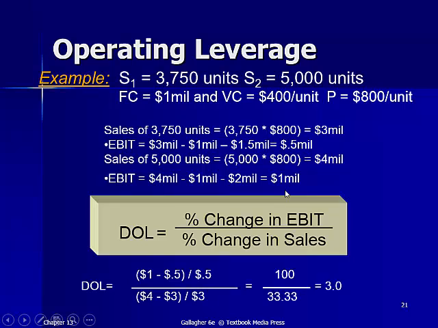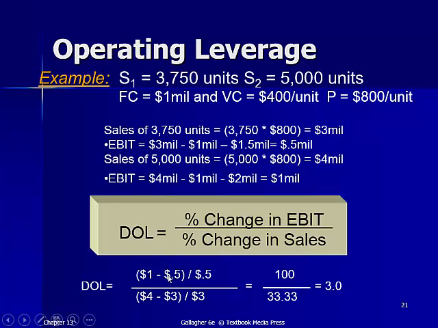So our degree of operating leverage is the percent change in operating income. 1 million minus half a million over half a million equals 100%. And 4 million minus 3 million over 3 million is equal to 33 1/3%. So you have 100% over 33 1/3%, which equals 3.